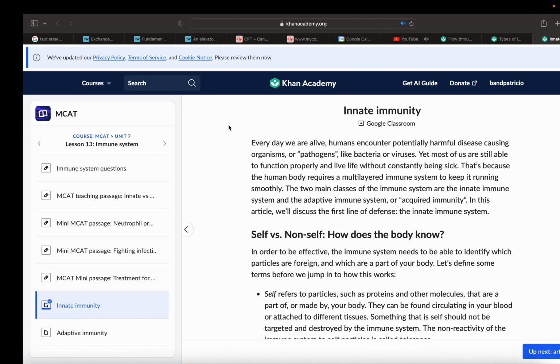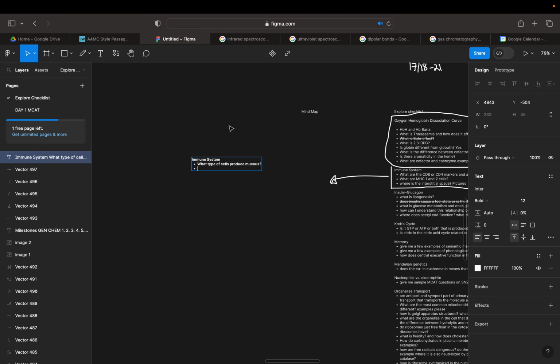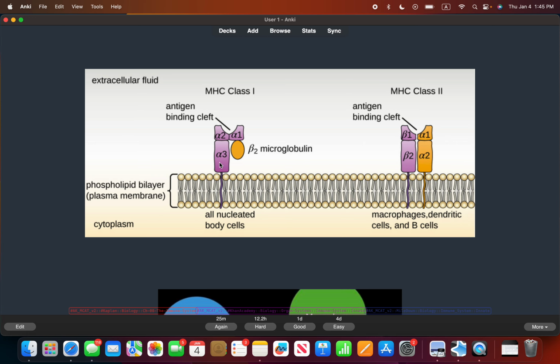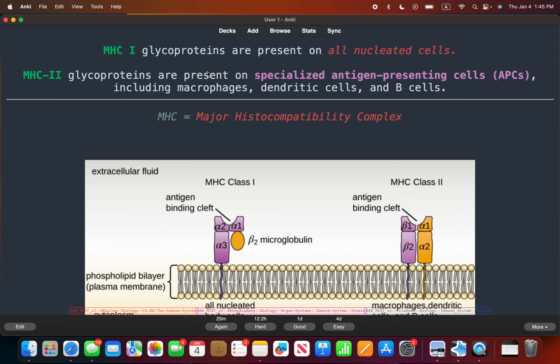So we can ask, are MHCs receptors? And we know that they are glycoproteins, right? Because they are glyco, they are inserted into the phospholipid bilayer, and because they are protein, they can be a receptor here.